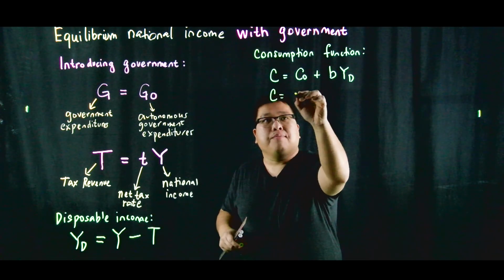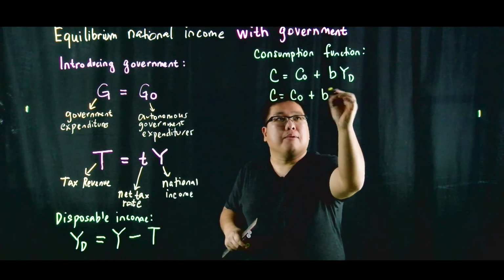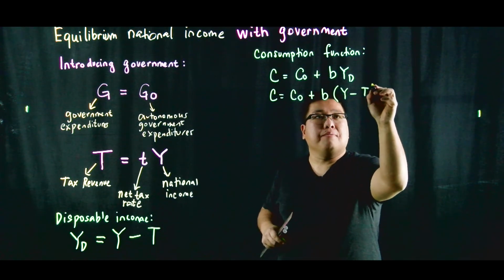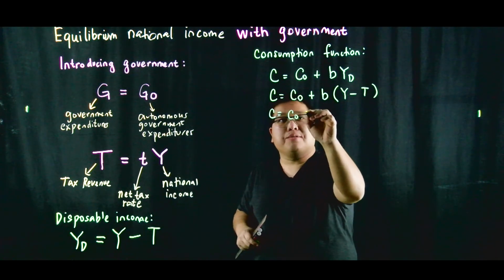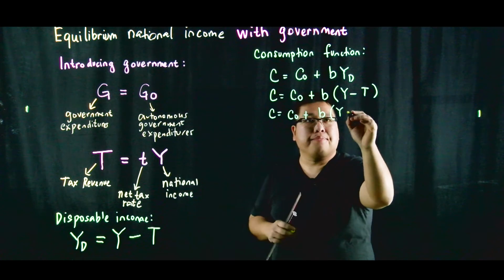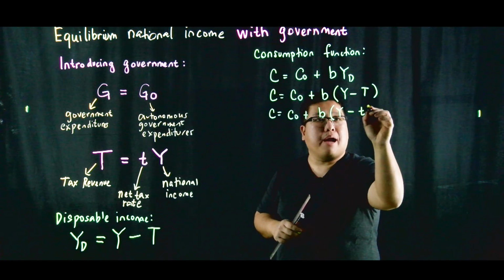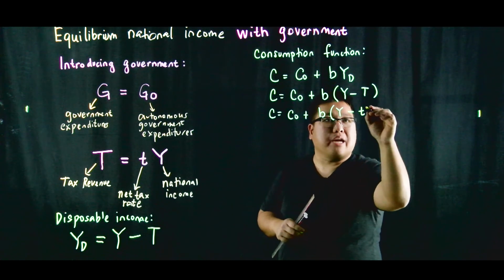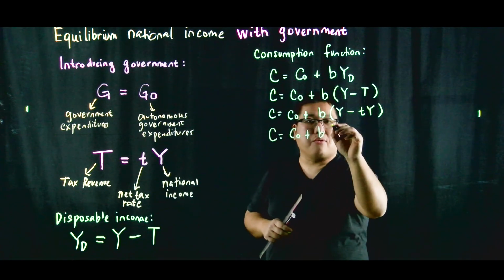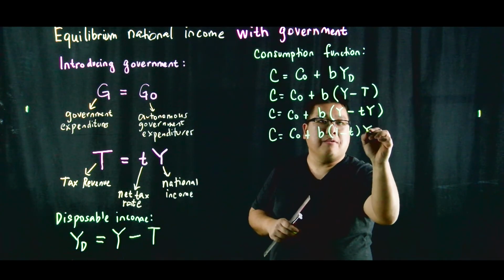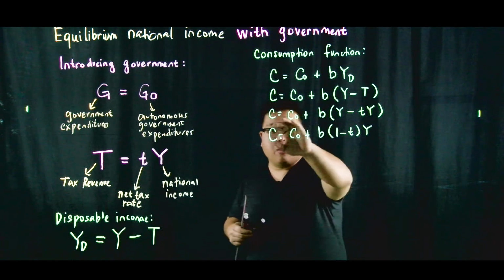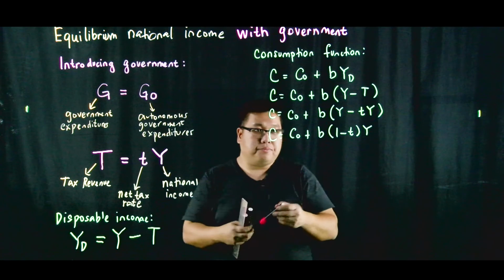We have C equals C sub 0 plus B times Y minus big T. We know that big T is equal to small t times Y, so factoring out the Y, we have C equals C sub 0 plus B times 1 minus t times Y. And this is our consumption function.